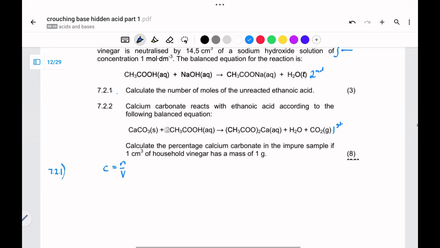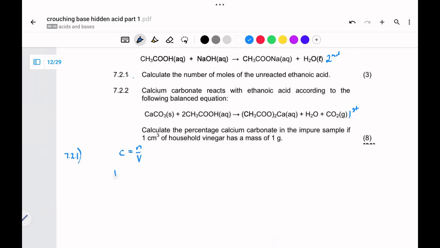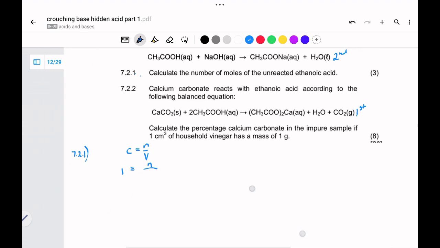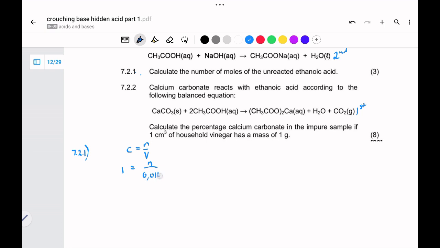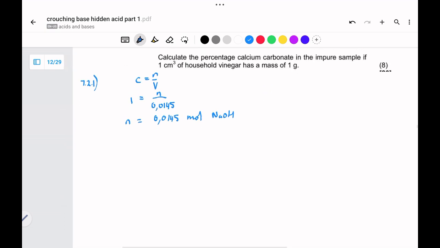The concentration was 1, the volume was 14.5. And now we need the mole ratio.